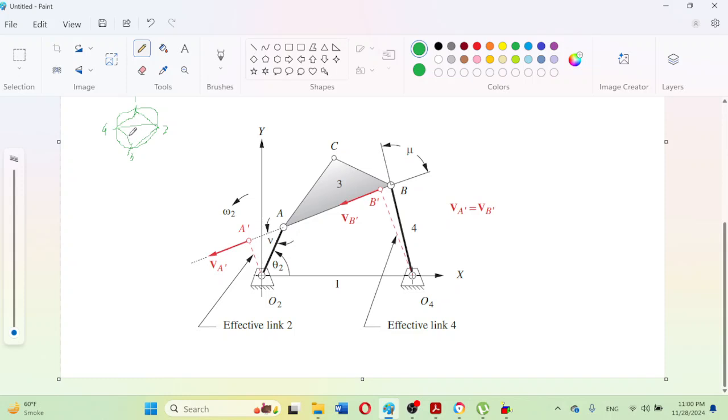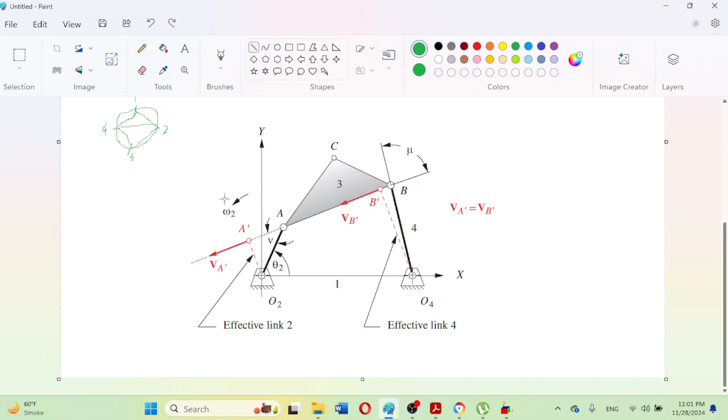So here we can observe that the instant center 2,4 will be located on the line connecting the instant centers I1,2 and I1,4. This is the permanent instant center 1,2, and this is instant center 1,4. So this is the extended line.